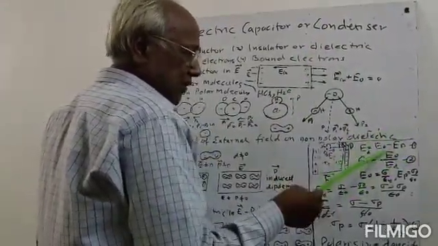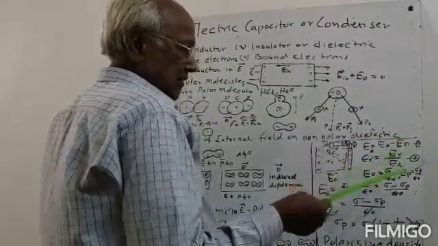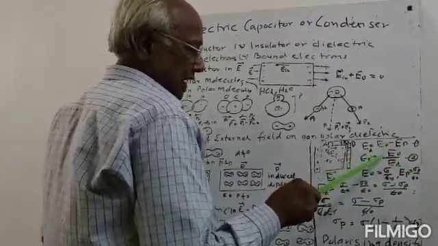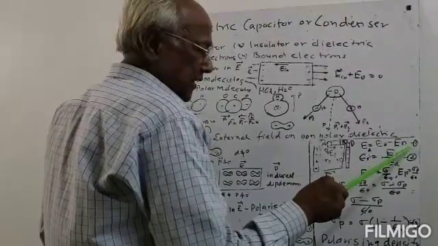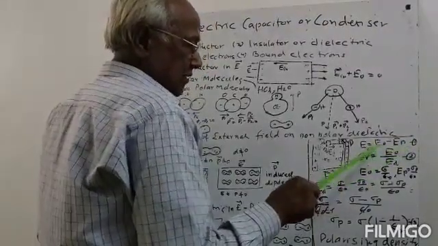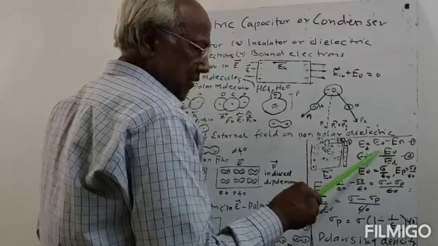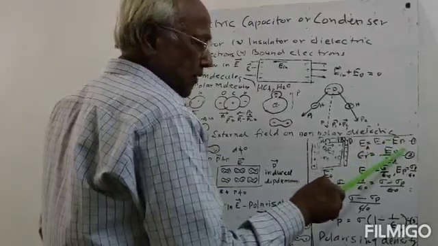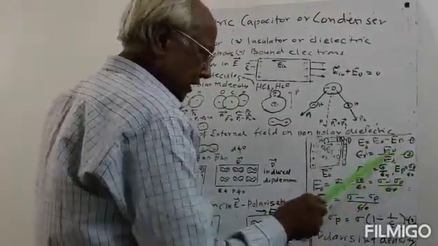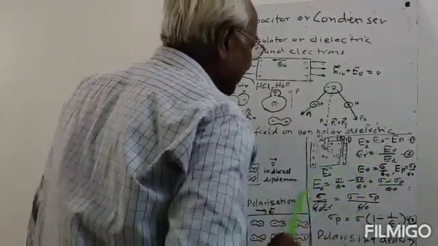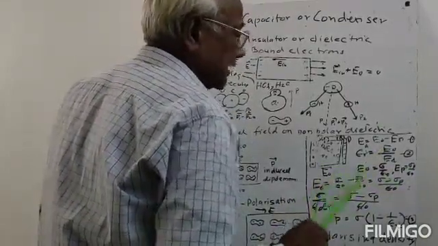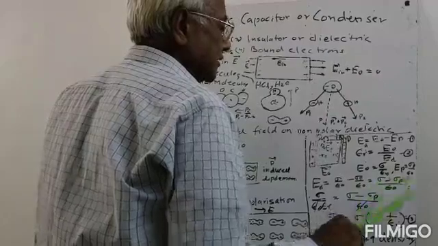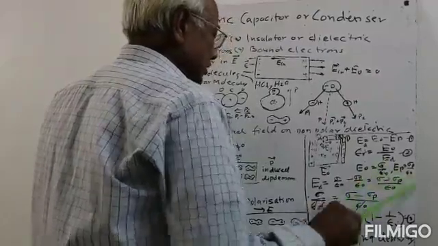Now we know the value of sigma, and we can write the value of E0 and Ep. E0 is sigma by epsilon 0. Ep will be sigma P by epsilon 0. Substitute this value. So E will be equal to this minus this, which will be equal to sigma minus sigma P by epsilon 0.